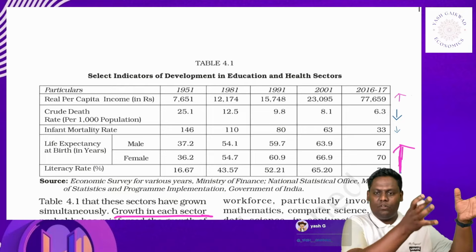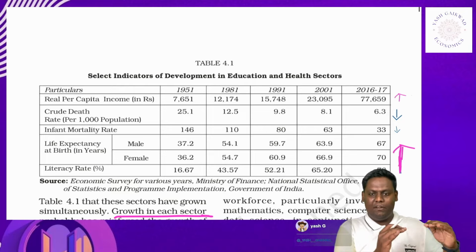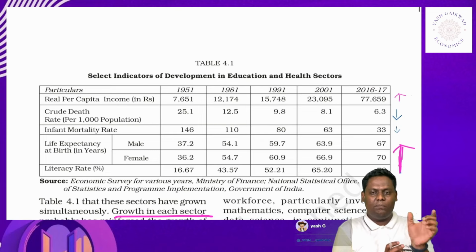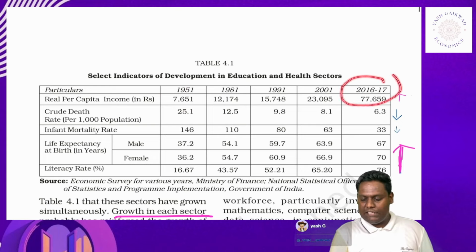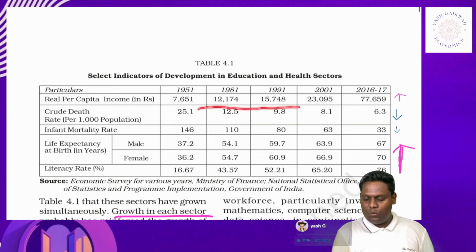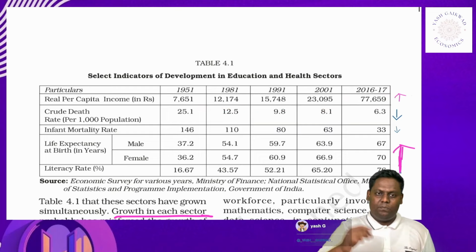That is the total amount of income generated in the country divided by the total population. So the per head income that we are taking on an average, which was 7,651 in the year 1951, has increased to 77,651 in the year 2016-17. And you will see that the overall income levels on per capita basis have increased.